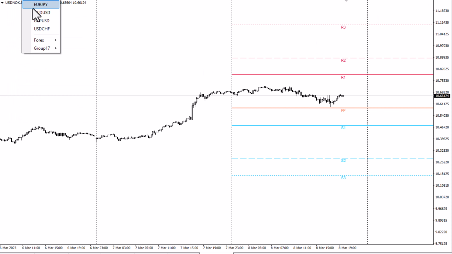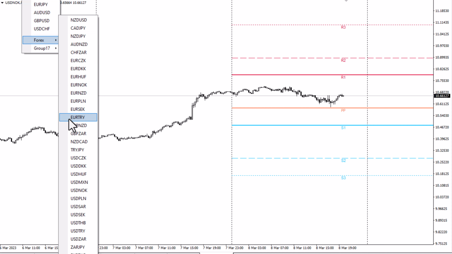But if I pull up another chart, maybe something a little bit more volatile, let's go with pound yen, maybe, or pound Swiss.